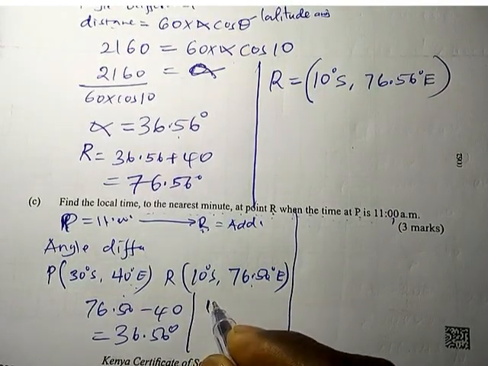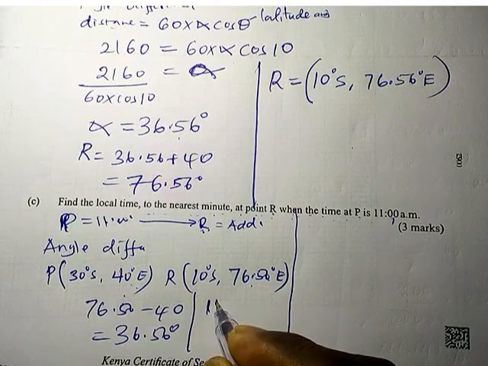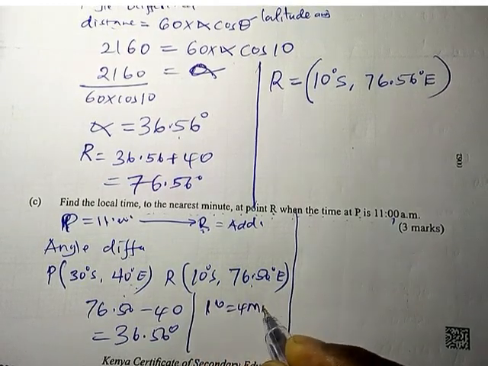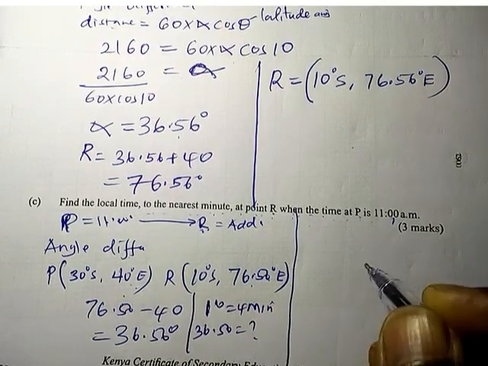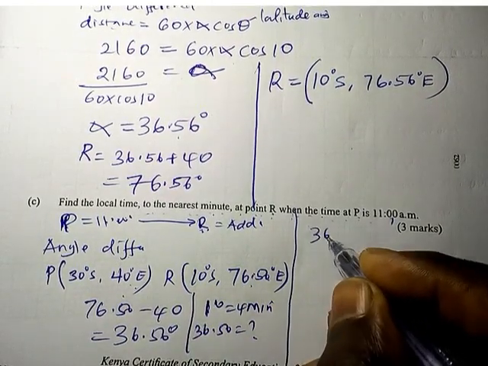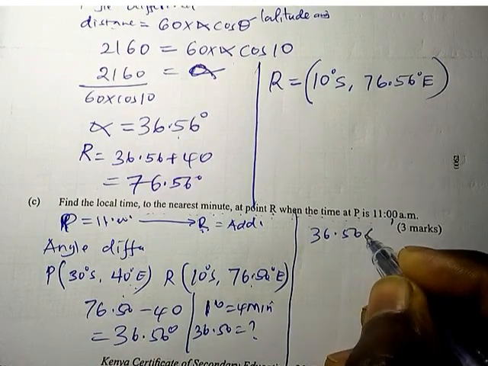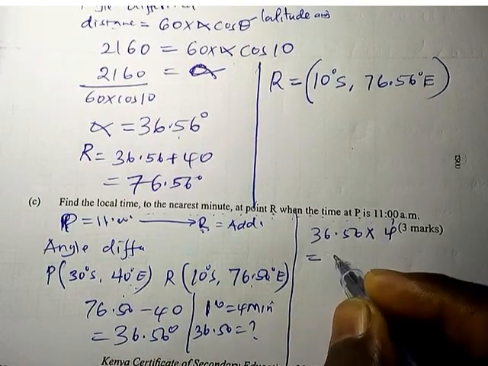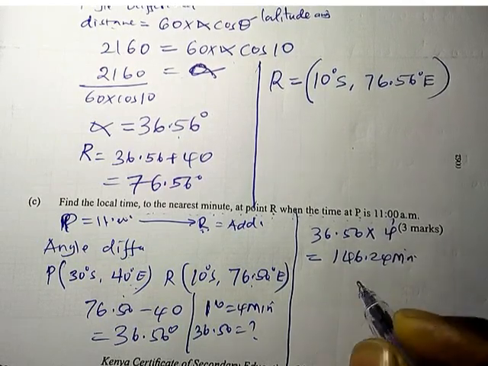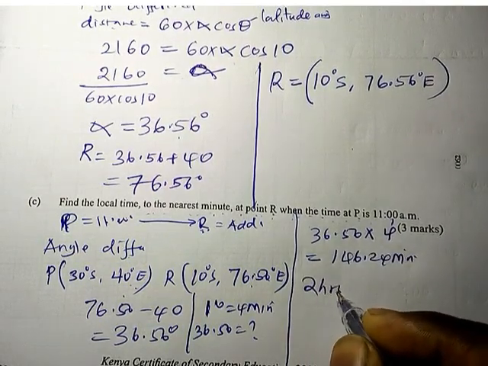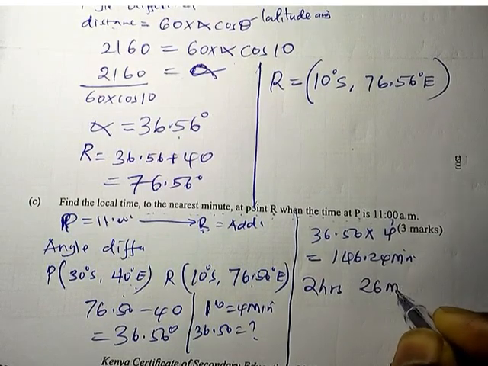But we know that 1 degree is equal to 4 minutes. So 36.56 times 4 gives us 146.24 minutes, which is the same as 2 hours 26 minutes.